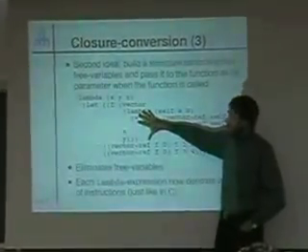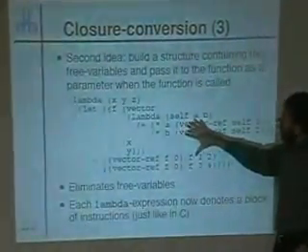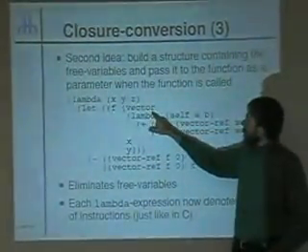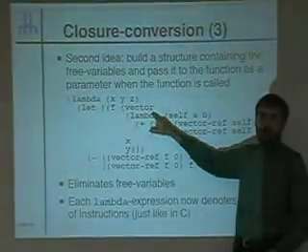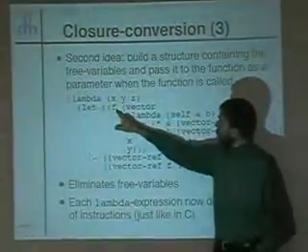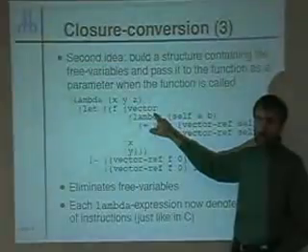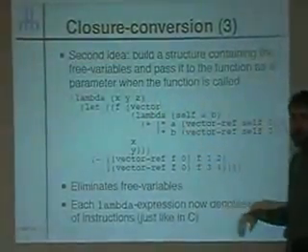This is the same example, but converted to make explicit the creation of the closure. Here, f will actually be bound to a vector. I'm using standard Scheme terminology.